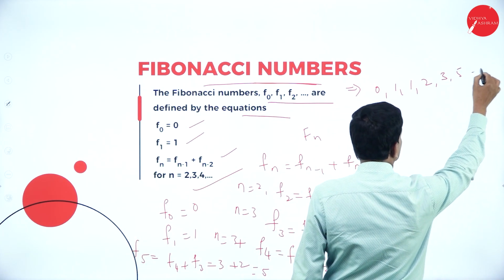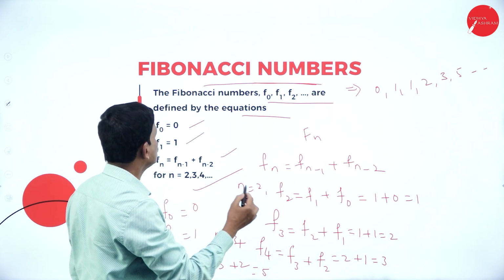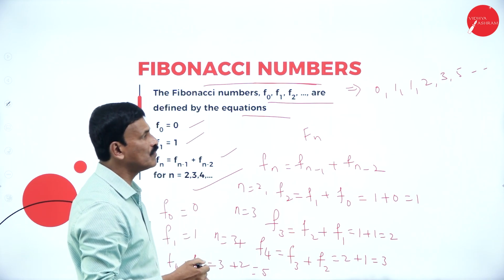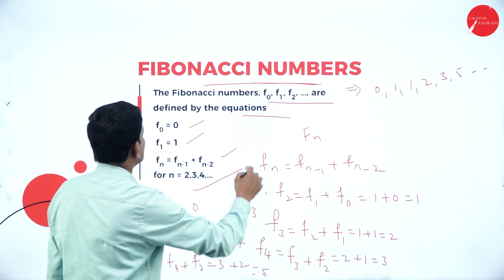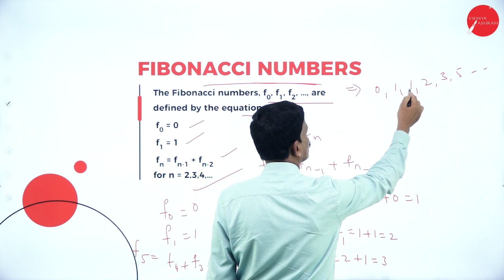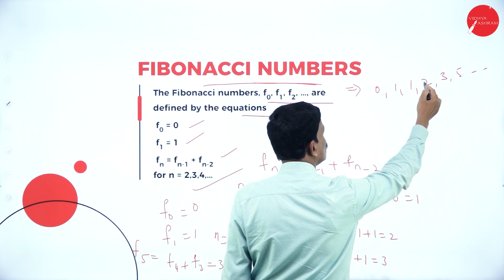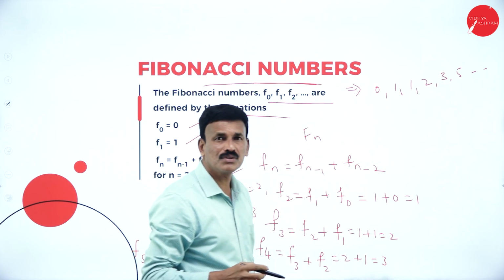See here. So therefore, in the Fibonacci sequence, the Fibonacci numbers are 0, 1, 1, 2, 3, 5, etc. So here, 0 plus 1 is 1, 1 plus 1 is 2, 1 plus 2 is 3, 2 plus 3 is 5, 5 plus 3 is 8 we are going to get.